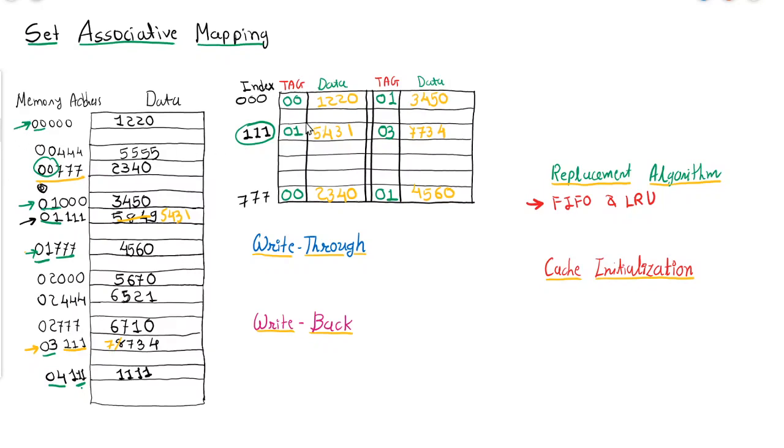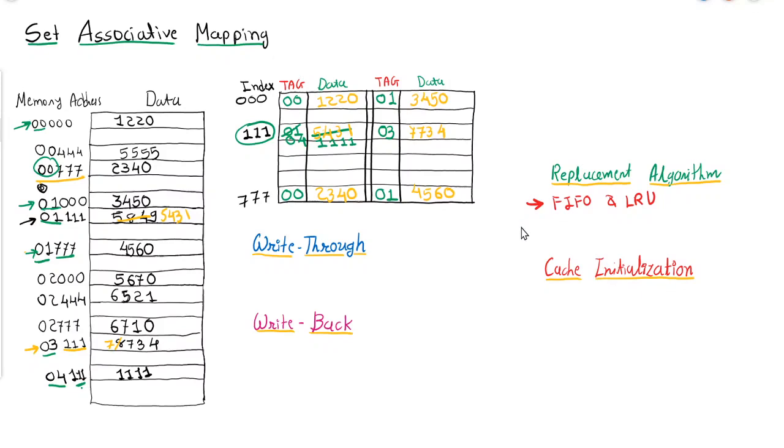So instead of 01 this will become 04, and instead of 5431 this will be all 1. Clear with this? So this is how set associative mapping works, and these are the various page or word replacement algorithms in set associative mapping or in any cache mechanism.